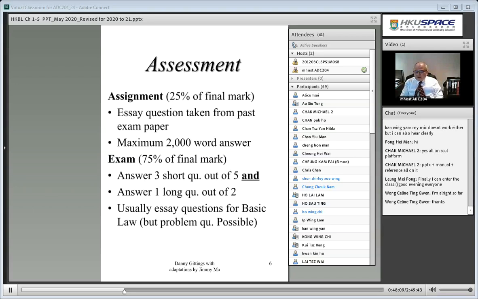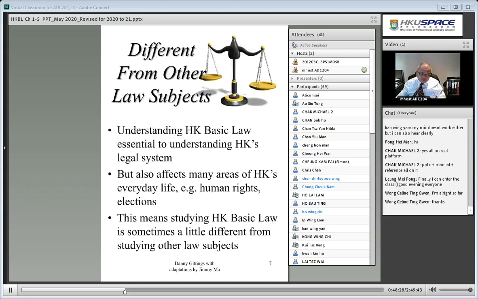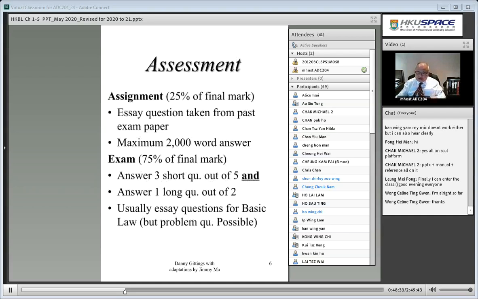You will answer 3 short questions out of 5, and 1 long question out of 2, and these will give you a total of 75 out of 100. Right, that's the assessment. Any questions here?